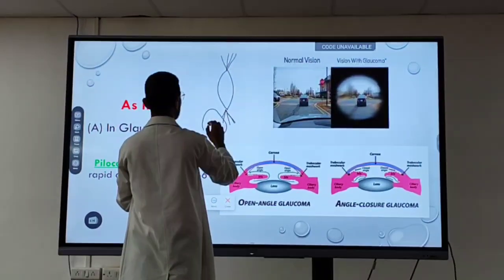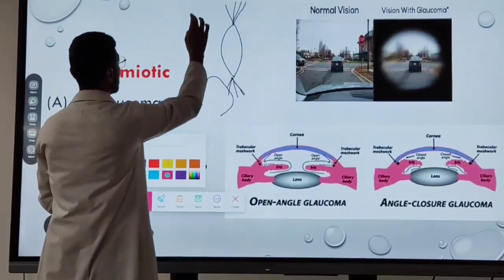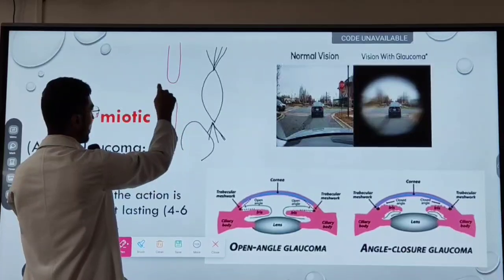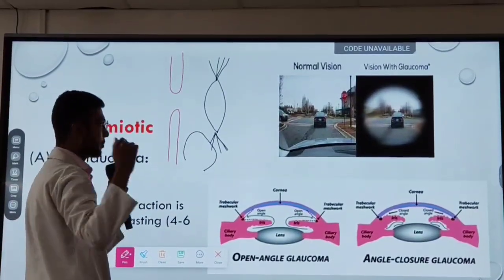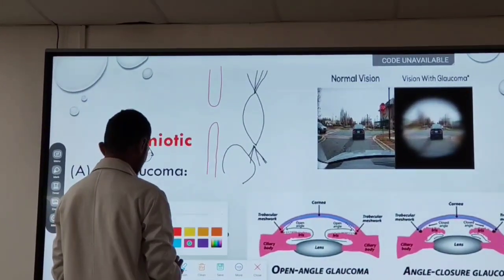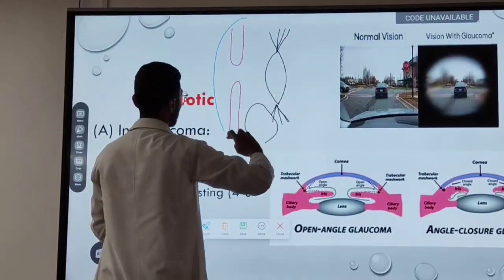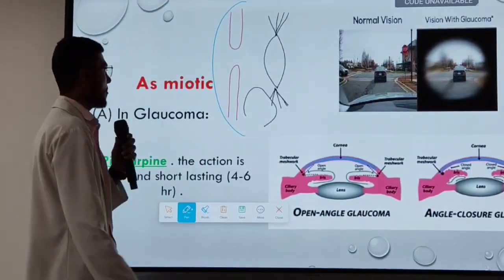This is the ciliary body. This one is the iris. And do you know what the space in the iris is called? Pupil. So this will be the pupil. And anterior most we will have this cornea. So let's assume this is our cornea. So this is the normal anatomy of the eye.